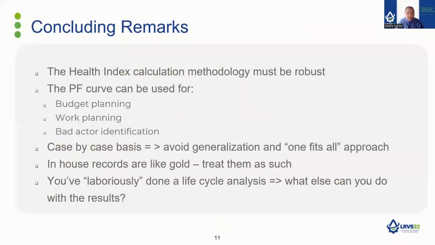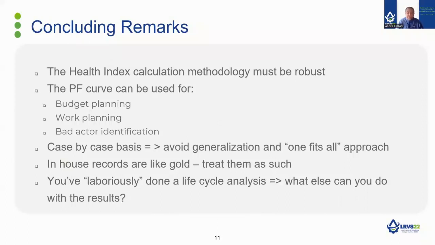To conclude, there are a few takeaway points which I'd like to highlight. As demonstrated in the previous slide, the health index calculation methodology must be robust. We must avoid throwing numbers out there, and there must be some rigor in the calculation.